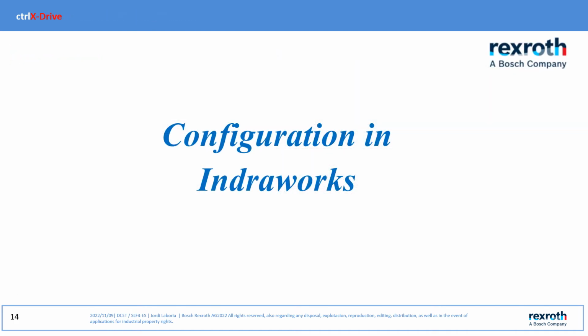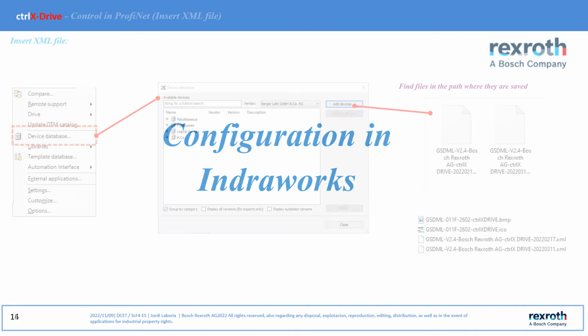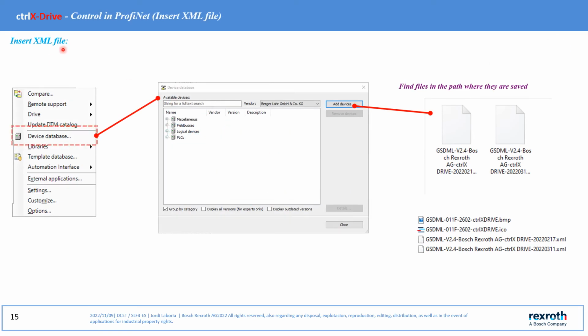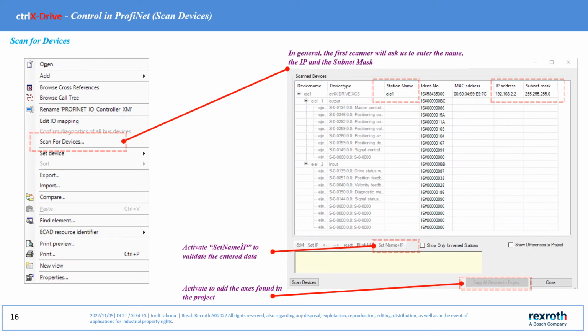We now go to the configuration of the axis in Indraworks. First of all, we must install the XML files of the ctrlXDrive in ProfiNet, and for this we will look for them in the path where we have them saved. Then we will proceed to perform a scan using the scan for devices function. If we have performed the frame activation operation described on page 10, the ctrlXDrive and the previously configured frame should appear.